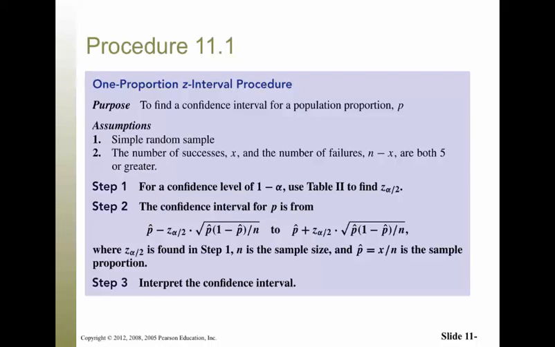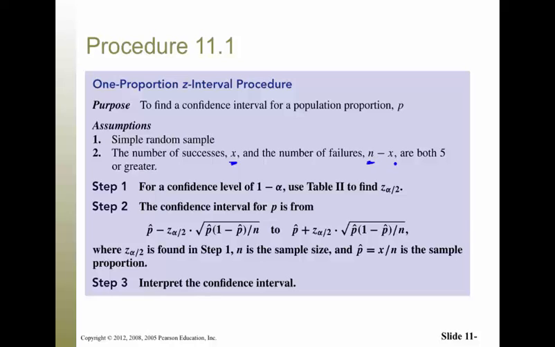Here are the assumptions. We have a simple random sample, and then here's the one condition we have to meet. The number of successes, x, is like, in that previous example, you take a sample of n, and x stands for how many people prefer vanilla over chocolate.